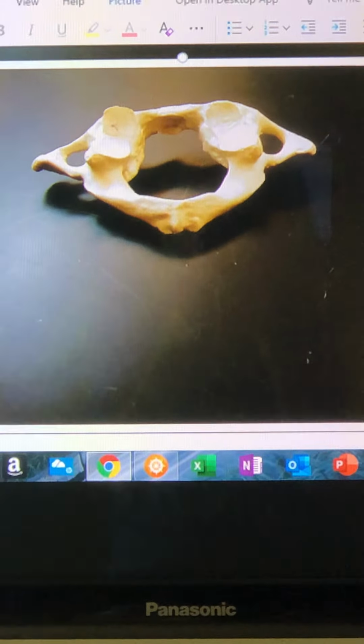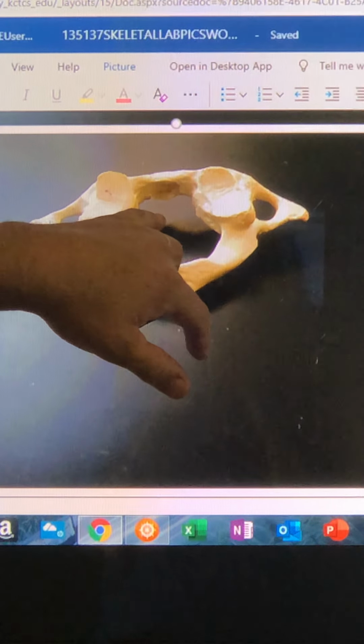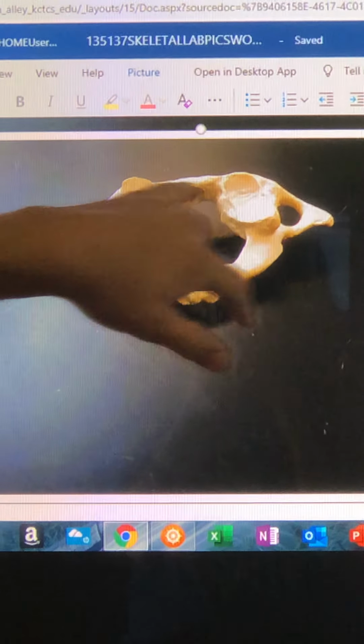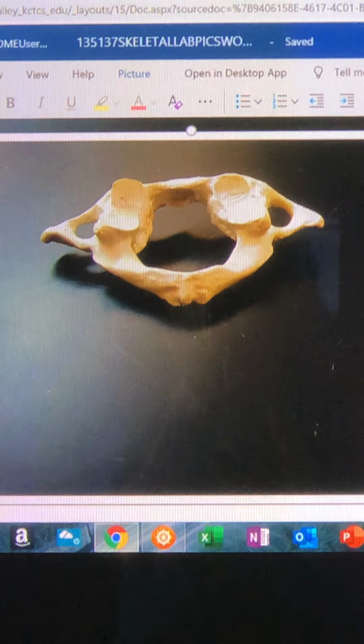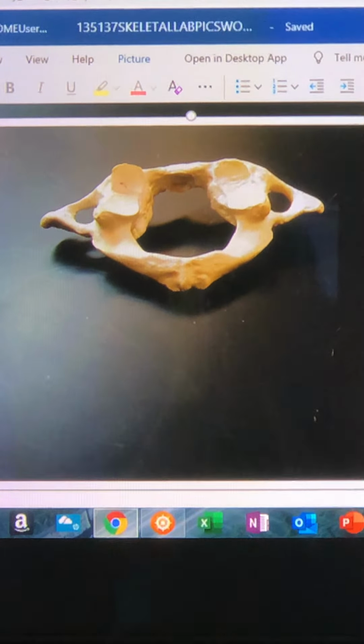This hole in the middle, one of the features of vertebra, that is called a vertebral foramen. These are called transverse foramen. You do not have to know all those specialized features of a typical vertebra, but if you know that the transverse processes are out at the side. This does not actually have a spinous process, but most vertebrae do. I'll show you.